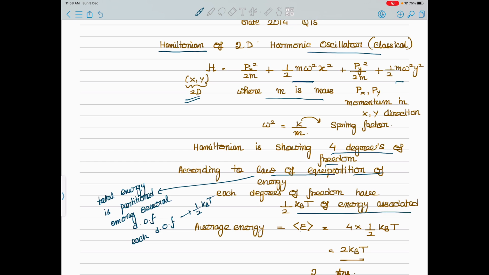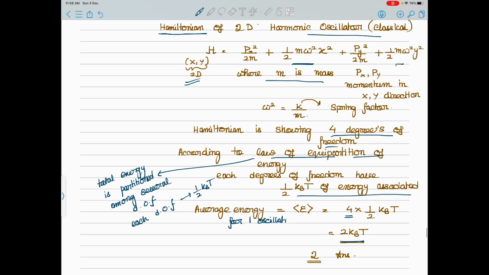So the average energy for this oscillator is the number of degrees of freedom, that is 4, into half kBT, which comes out to be 2 kBT. So 2 kBT is the correct answer, and since it is dash kBT, only 2 will be the correct answer.